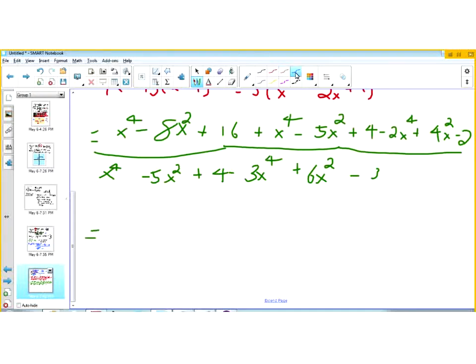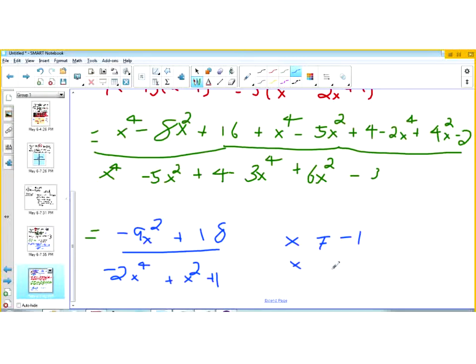And so that's equal to minus 9x squared plus 18, divided by negative 2x to the fourth plus x squared plus 1, with restrictions that x cannot equal negative 1 and x cannot equal 1.